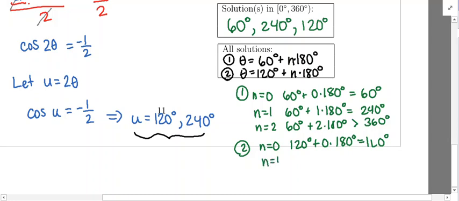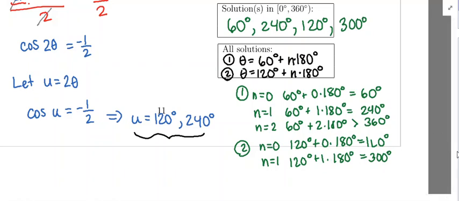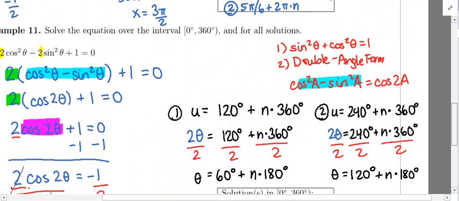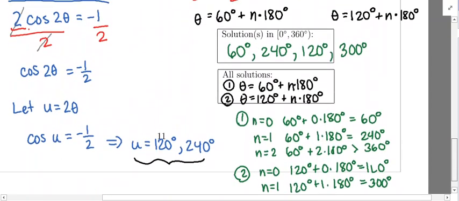Then we bump it up to 1 and get 120 degrees plus 1 times 180, which is 300 degrees, another solution. If we bump it up to n equals 2, we'd be adding 360, which is bigger than 360. So we're good. There are 4 different solutions to our original equation between 0 degrees and 360 degrees.